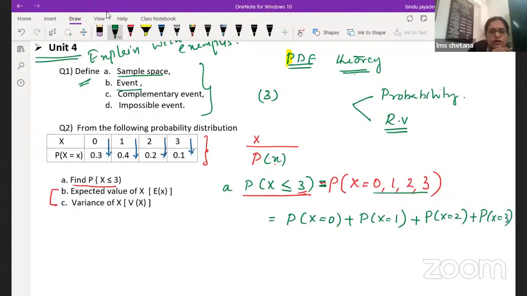There are 4 values. What is P of X equal to 0 from the table? 0.3, plus P of X equal to 1, 0.4, plus P of X equal to 2, 0.2, plus P of X equal to 3, 0.1. Add all these values and write the answer.